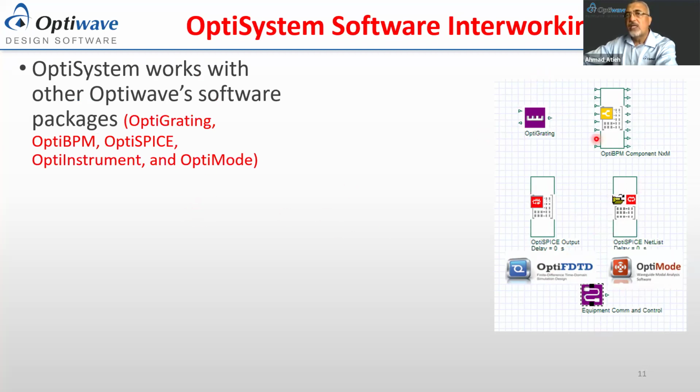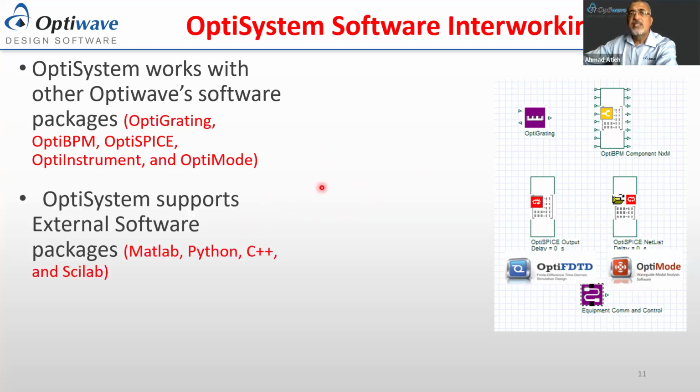So for all of those software, in some components, we use them as a single component or as a measured file or loaded file. We can load them into the components in OptiSystem. Like, for example, the multi-core fiber devices, we design the fiber using OptiMode, and then we import the files into the component and then use them in transmission.